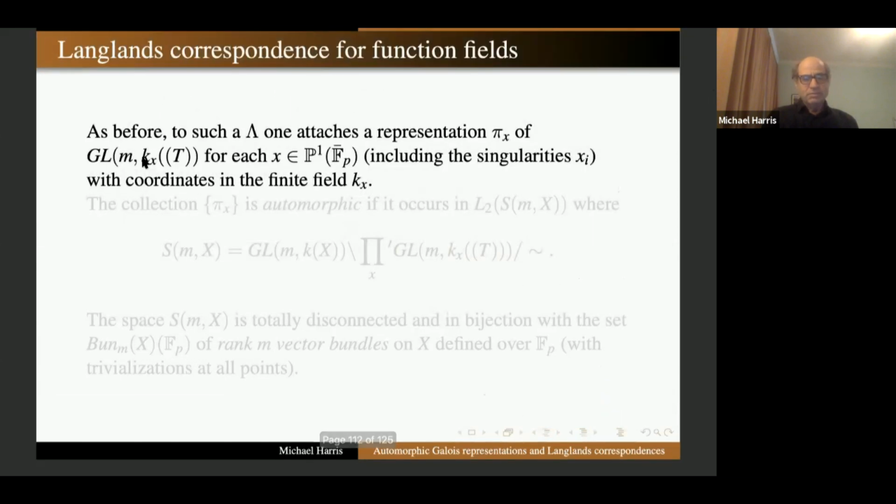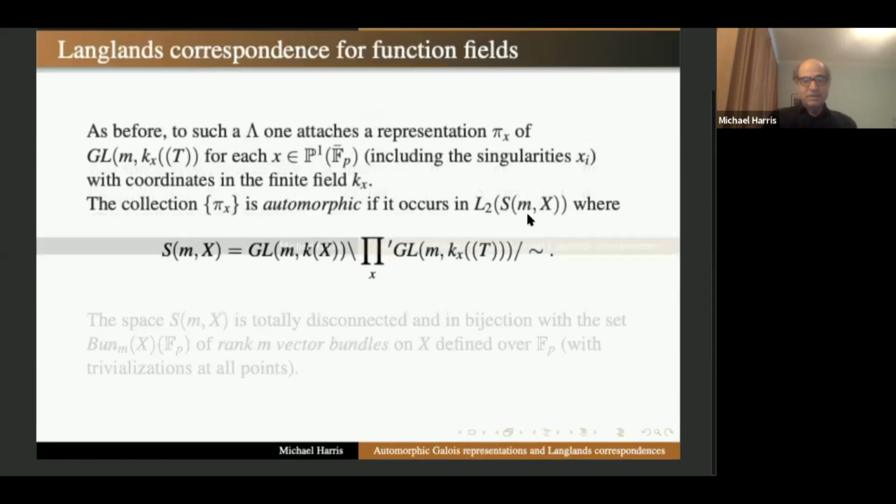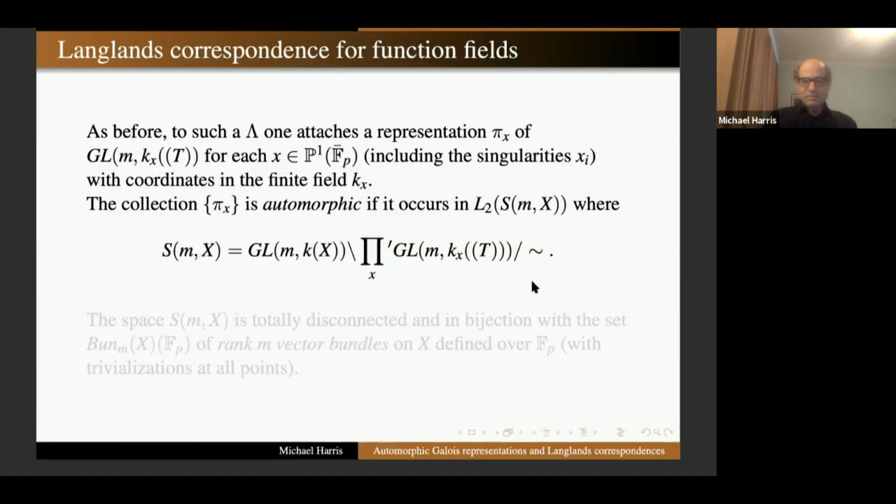Okay, these are the coordinates in the finite field. So for each x with coordinates in kx. And we can define automorphic representations in this setting too. It's automorphic if it occurs in the L2 of S of mx, where, again, I'm not telling you what this locally symmetric space is.